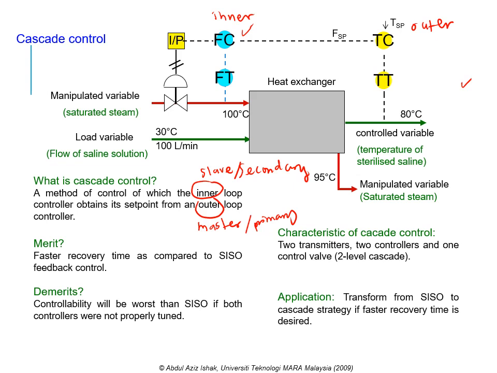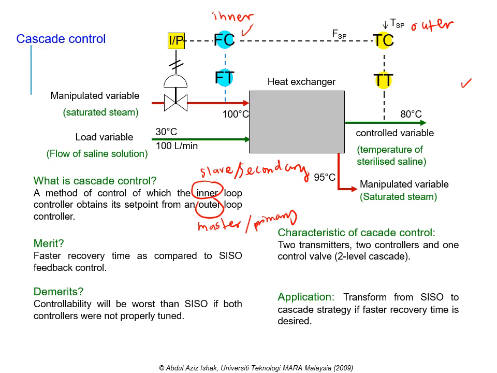In a cascade control system, the inner loop must respond faster than the outer or master loop. Another disadvantage is that it requires an additional measurement, as compared to the feedback controller, which only has one loop.